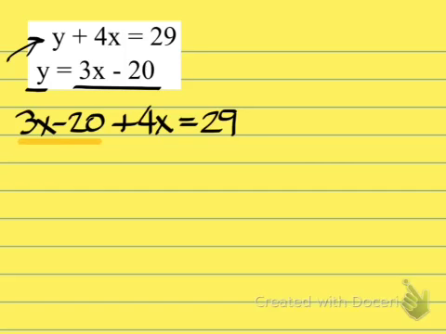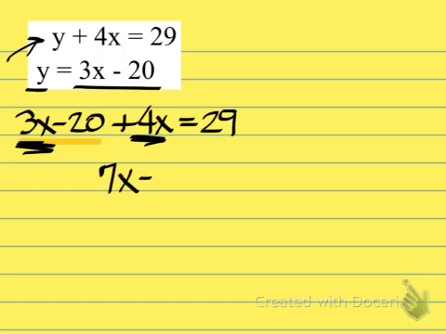And once you substitute in, you should only have one variable to worry about and to solve for, and that in this case is x. So let's solve for x by simplifying like terms. 3x plus 4x is 7x.